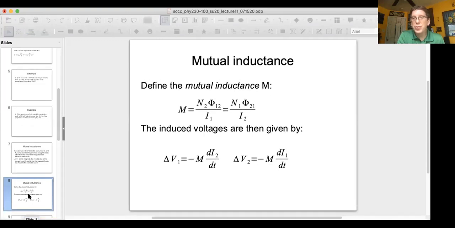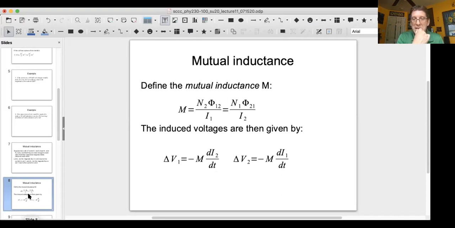And delta V2 is negative M times di1 over dt. So it opposes the change of the current in I1. So if the current in I2 is clockwise and increasing, then delta V1 is going to be counterclockwise. And so it works like that. You're opposing the change.